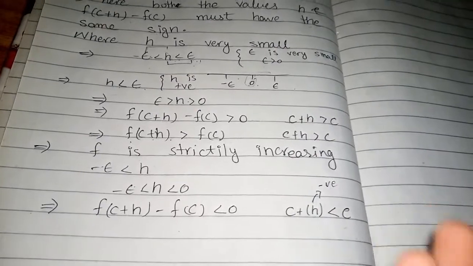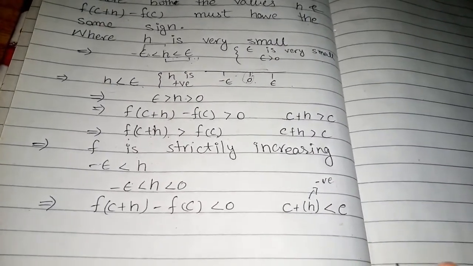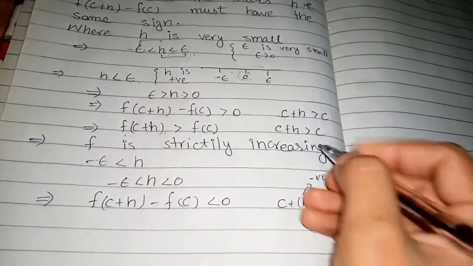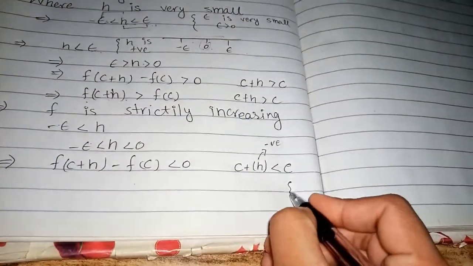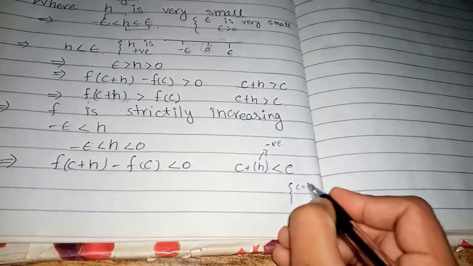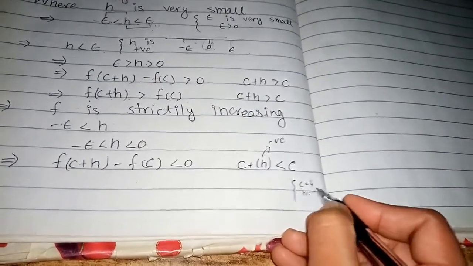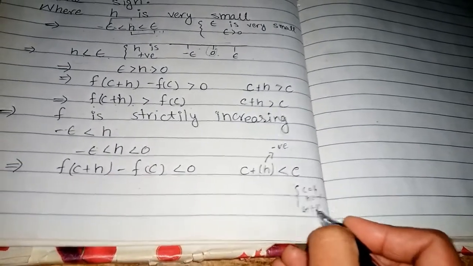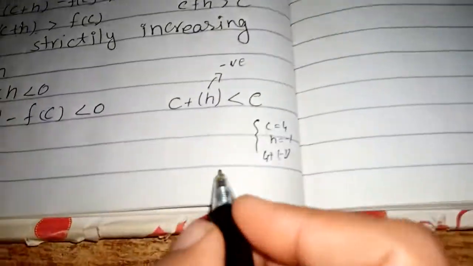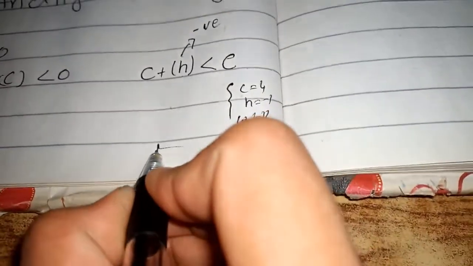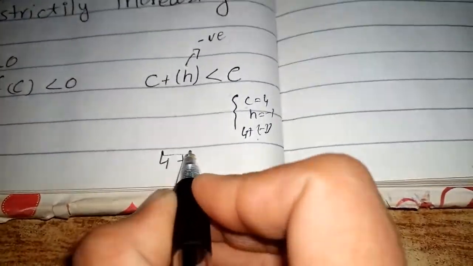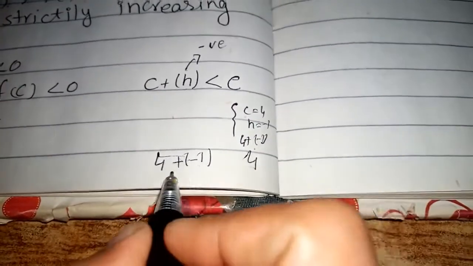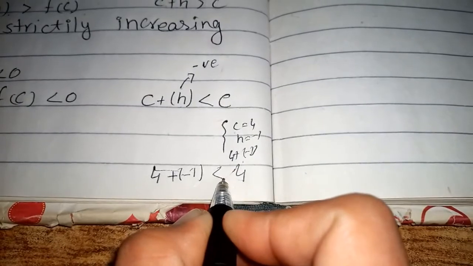For example, if c is 4 and we add minus 1 to 4, then 4 plus minus 1 must be less than 4.